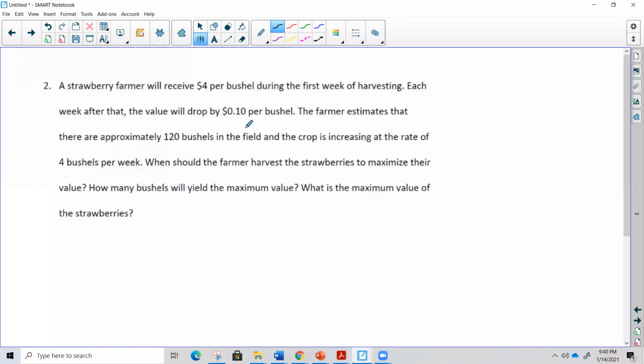Okay, so the main thing we're trying to do is maximize our value of the strawberries. So we need an equation for that. And when we talk about the value, we're looking at our revenue.